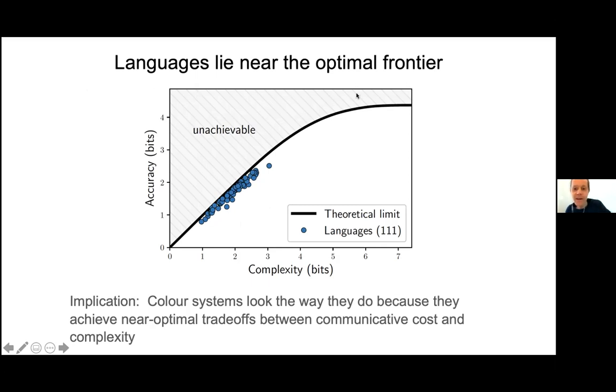Okay, so let me try to come back to the questions in the chat. First, Alice's. The gray region seems to suggest that she doesn't think lossless communication is possible. So yes, that's right. The fact that it looks like the optimal curve here flattens out, I think that's really an artifact of the fact that there are about 300 color chips there in the grid.